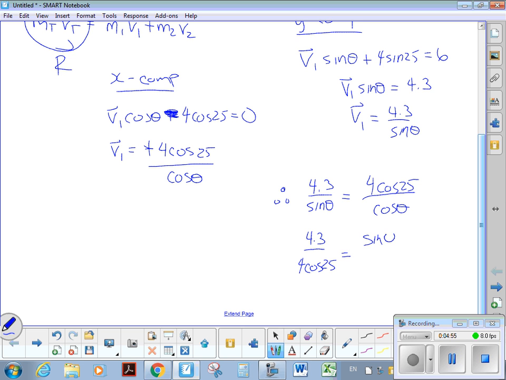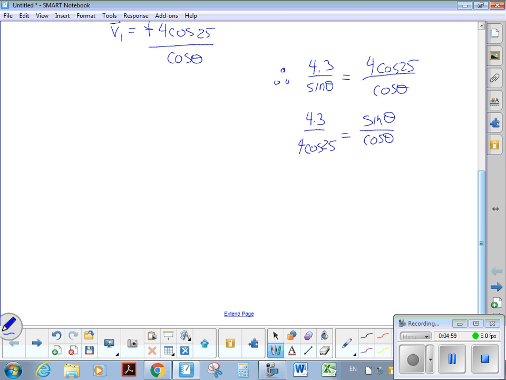Multiply the sine theta up here. And the reason I do that, we know that sine theta over cos theta is tan theta, and the other one would become, for 4.3 over 4 cos 25, 1.19, let's say. So we know our angle then, shift tan inverse of my answer, gives me 50 degrees.